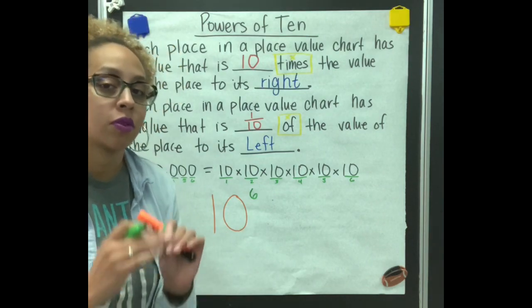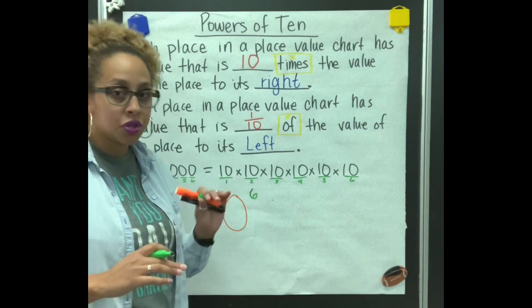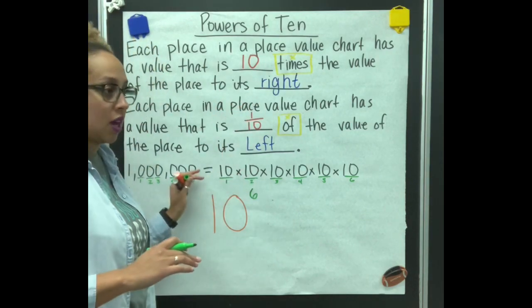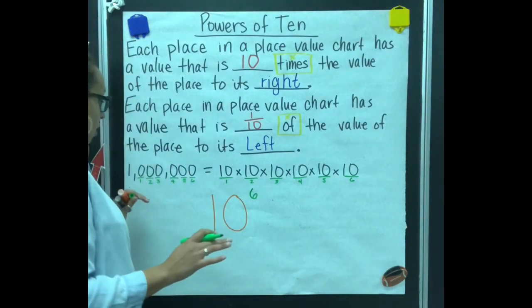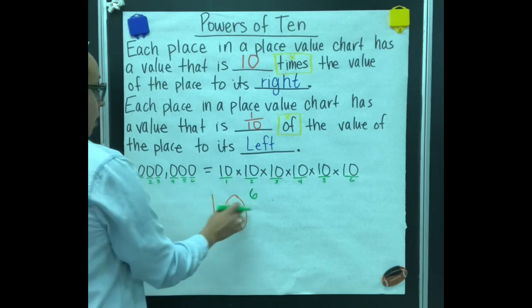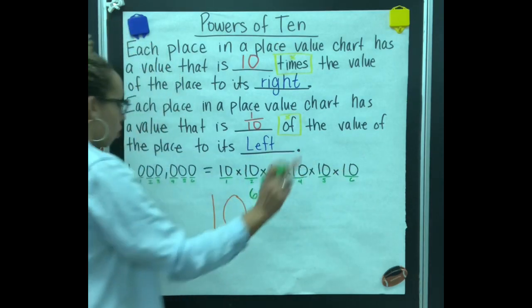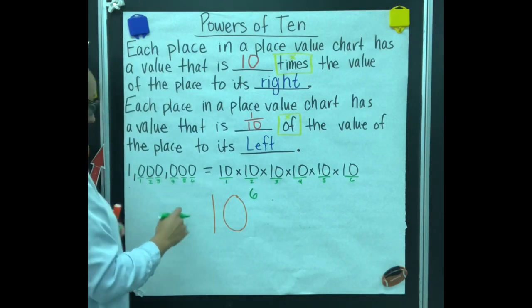It only works when our base number, our big number, is 10. If I give you 2 to the third power, that's not what that means. It doesn't mean that you're going to get 200. It only works for 10. So our 6 represents how many tens we used, or, if we're looking at the whole number we got, how many zeros there were.